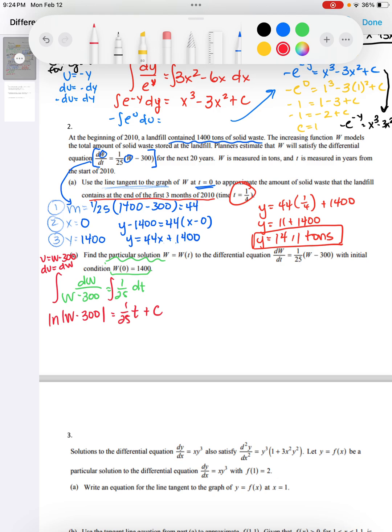Now it does tell me that I have to make sure that W equals W(t).